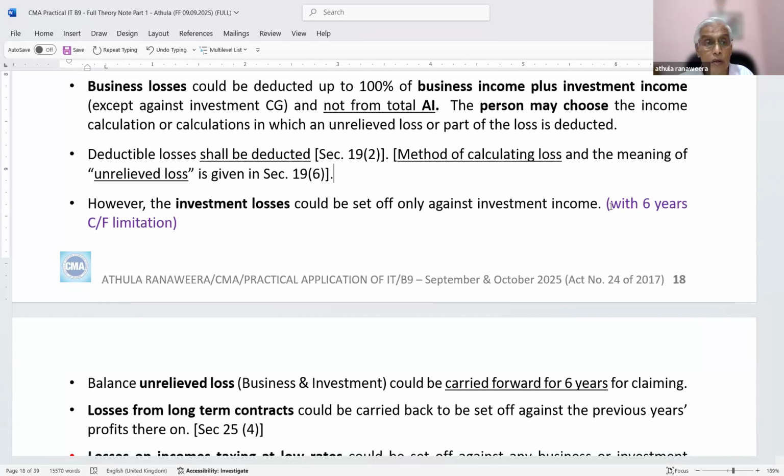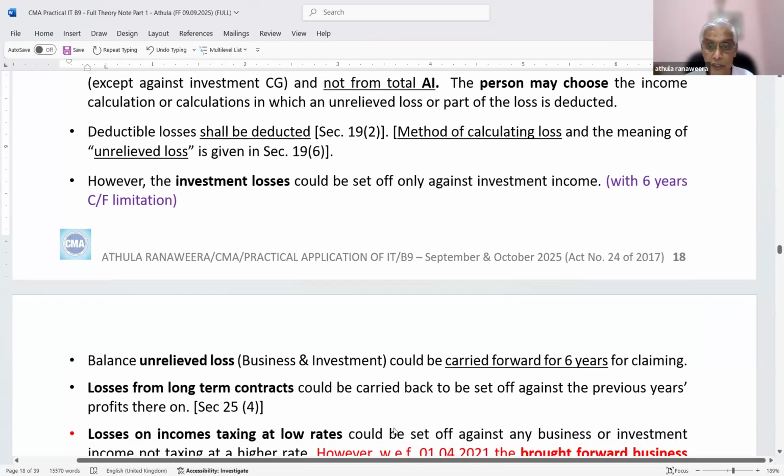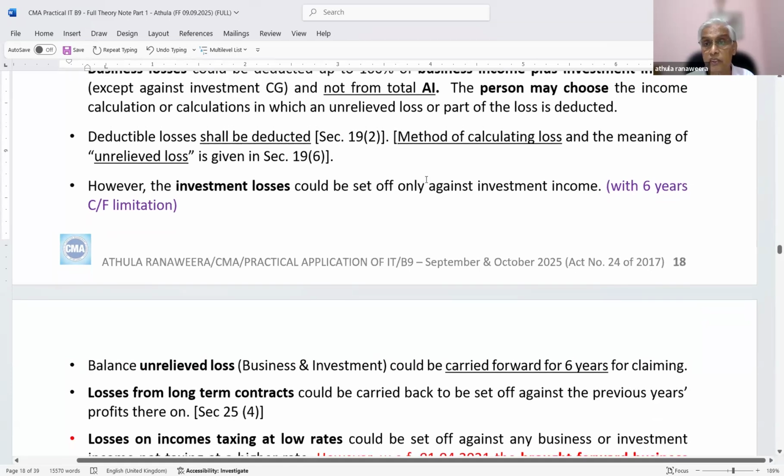Whatever the unclaimed amount, you can carry forward to the next 6 years. In both cases, this carry forward facility is 6 years. I have explained that subsequently also.